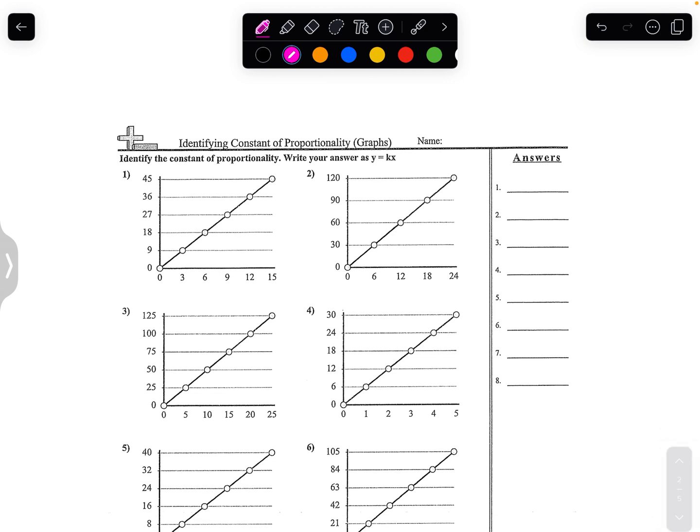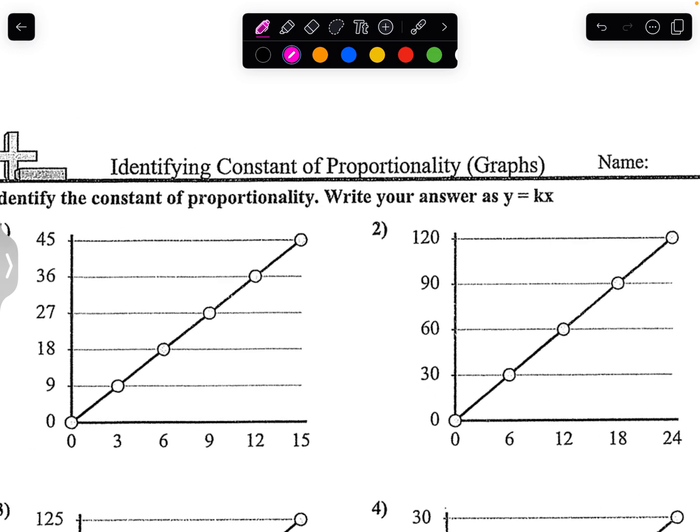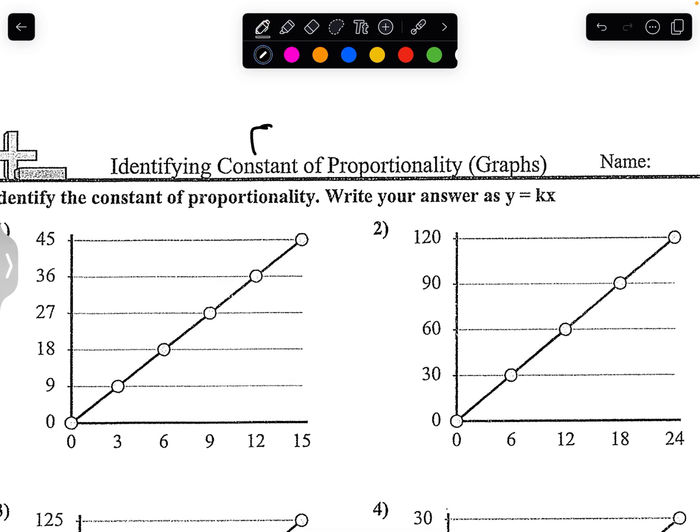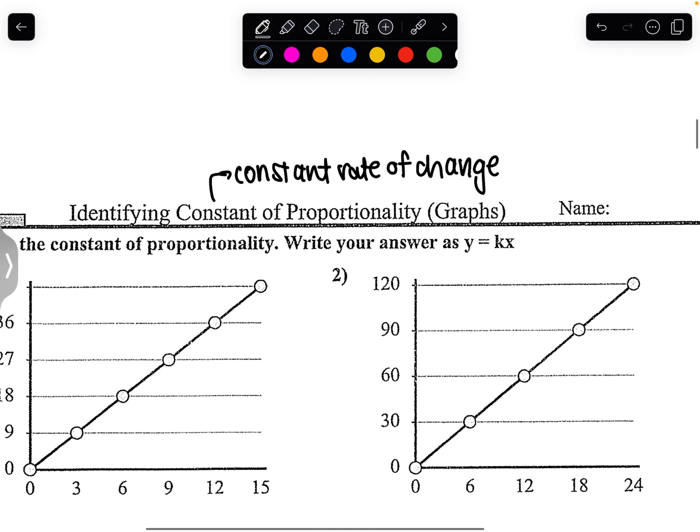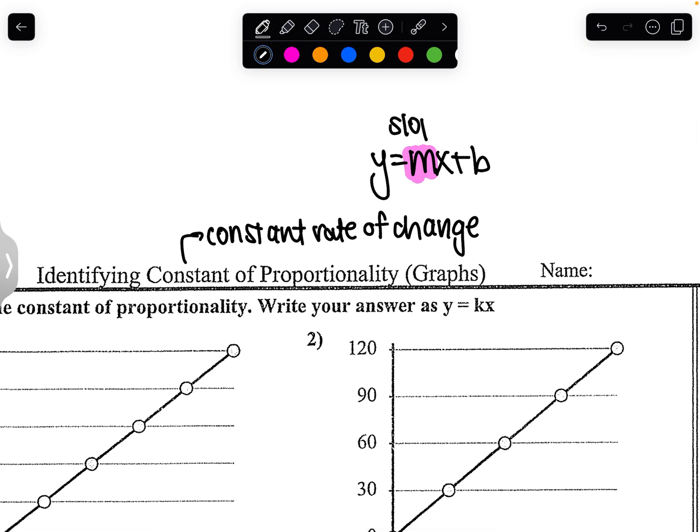And then when we're looking at a constant of proportionality in a graph, remember, this is my constant rate of change. And when I think back to chapter 4, where we talked a lot about y equals mx plus b, remember that m was my slope and b was my y-intercept.